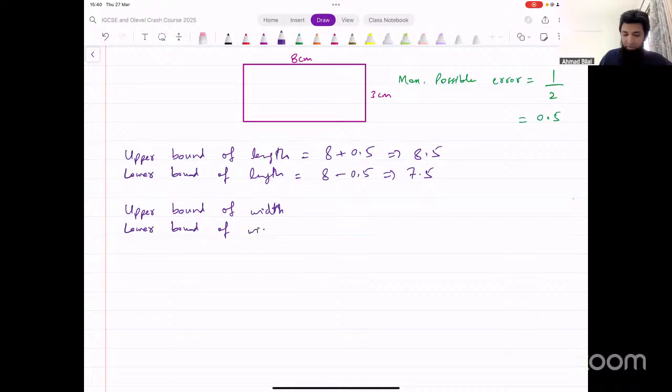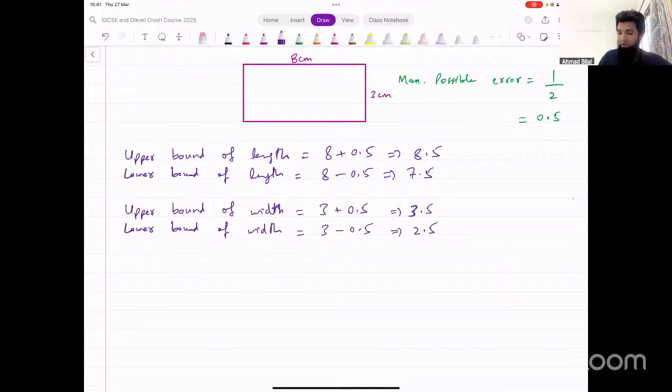So the possible error that you could have in this case as well is going to be 0.5. So you would say the measured width is 3 centimeters. The maximum possible width could be 3 plus 0.5. That's 3.5. And the minimum possible would also be 3 minus 0.5. And that gives you 2.5.